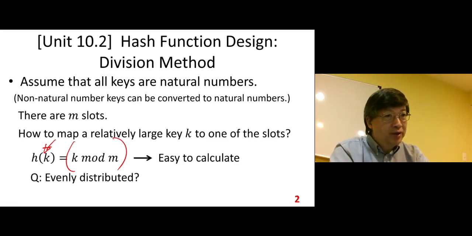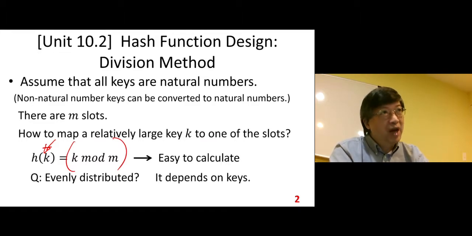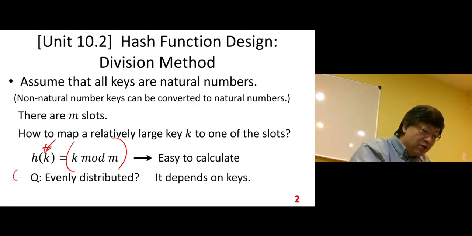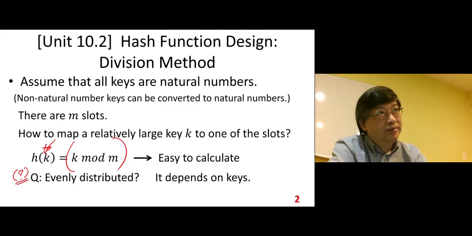Another question, we need to check other criteria, right? Evenly distributed? Not quite. That cannot be guaranteed. It depends on the keys. Sometimes evenly distributed, sometimes not. So for this there is probably a question mark. Not very satisfied.